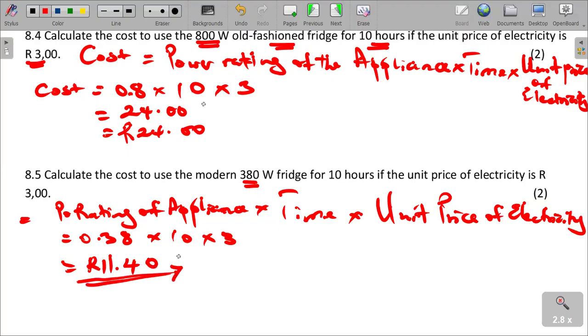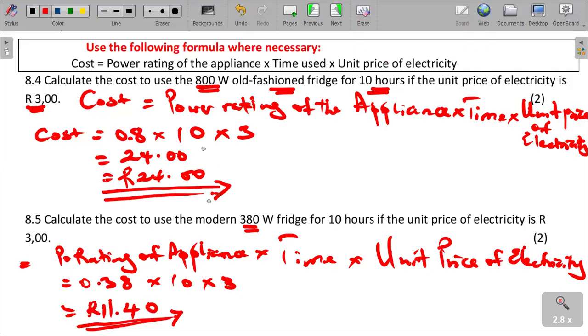The old one gives us a cost of 24 rand, and this one is 11 rand 40. That's what we need to understand here.